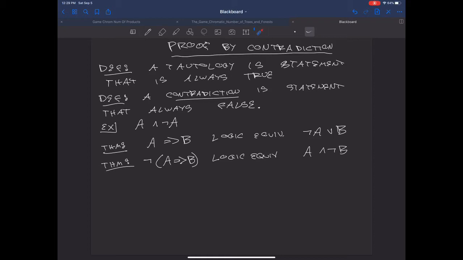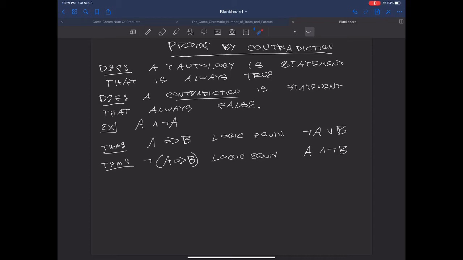So for a proof by contradiction, I'm going to explain this, then we're going to look at some examples. What we're going to do is actually assume that the theorem we're trying to prove is not true, right? That it is false. All right, and this is why we're going to need the negation of an if-then statement, because we're going to have to assume that A implies B is false, so that means assuming that A and not B is true.